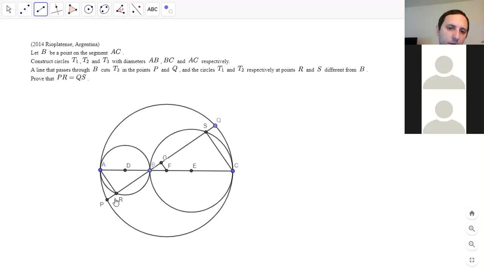Yeah, it's obvious from similarities, ratios of lengths, BG over GS and BG over GR. We can calculate them in terms of segments in AC. Okay, so let me start writing it up.